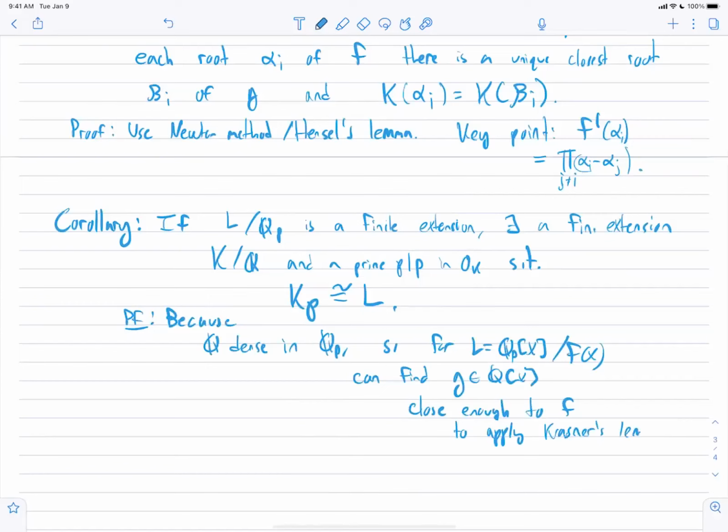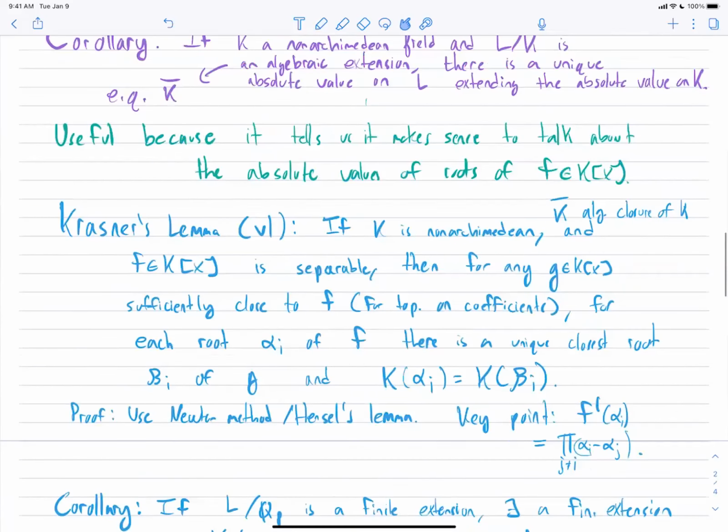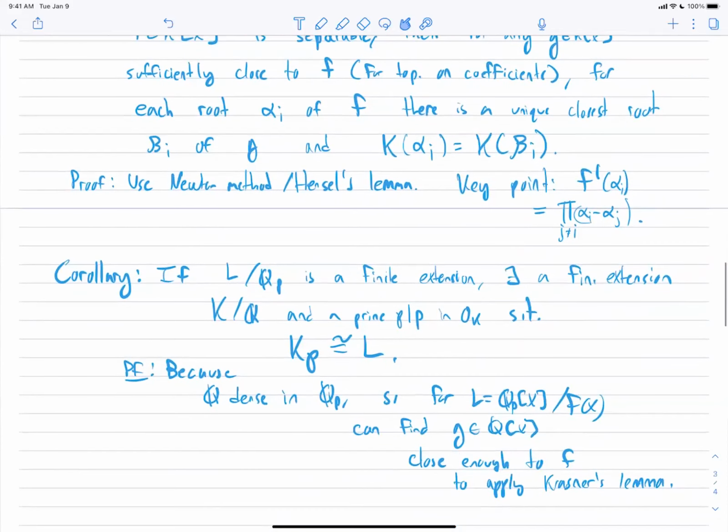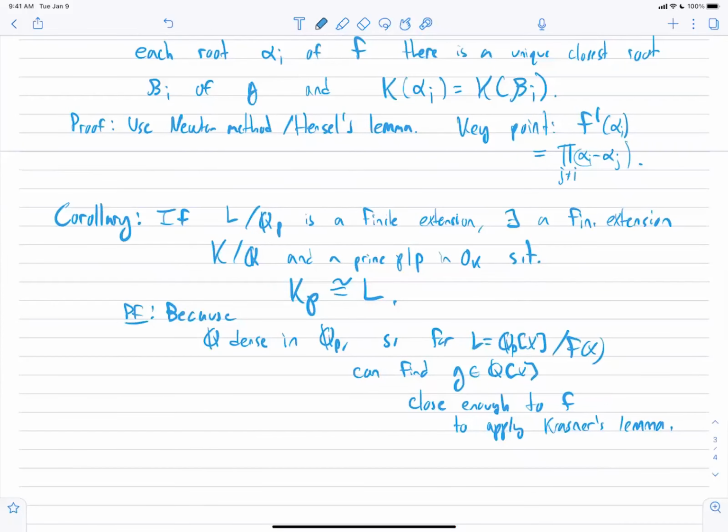So you just find a polynomial with rational coefficients that's close enough that its roots generate the same extension of Q_p. And if you think through what that means, compare it to this first example, that's exactly saying there's some prime of K. So you take K to be Q[x] mod g(x).